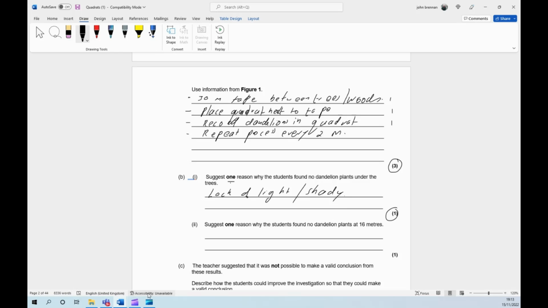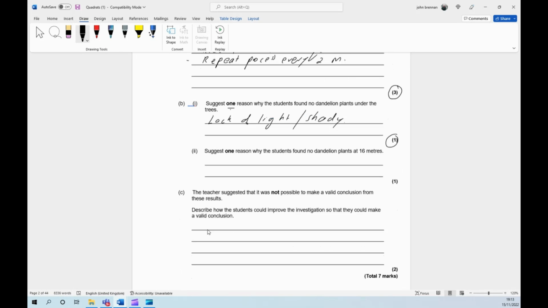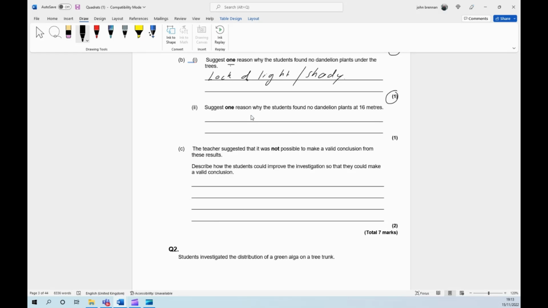The next one, B2, suggest one reason why the students found no dandelion plants at 16 meters. One of the best ways to answer this is to just say that it was chance variation.